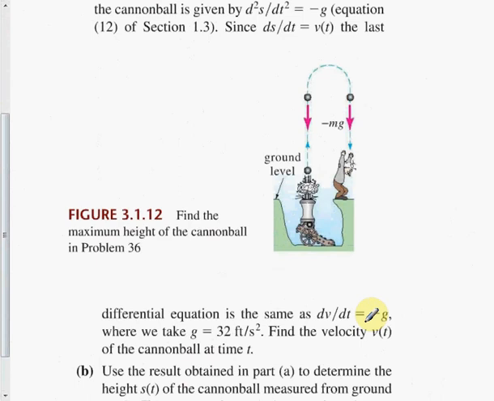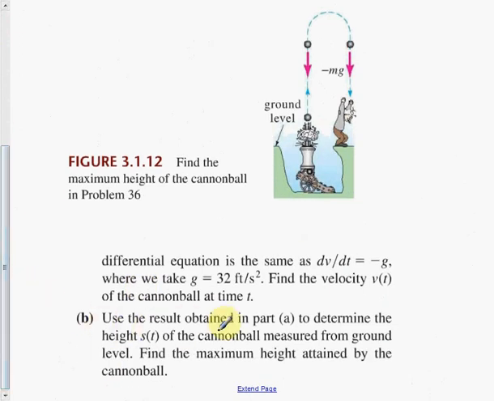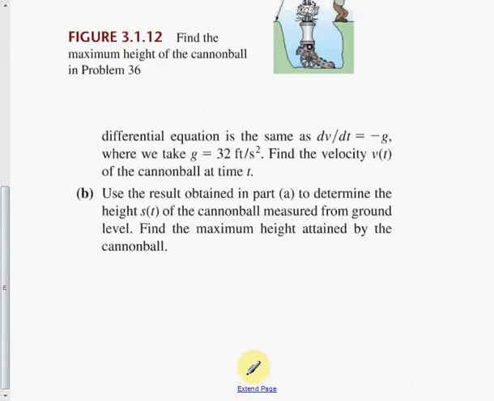We take g to be 32 feet per second squared. Find the velocity v of t of the cannonball at time t, and then use the result obtained in part A to determine the height of the cannonball measured from ground level. Find the maximum height attained by the cannonball.